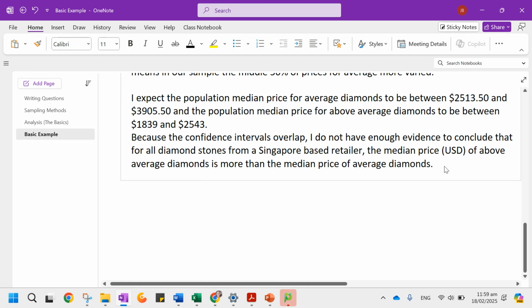And then you're going to read it out loud and make sure it makes sense, just in case you fouled up. Okay, so because confidence intervals overlap, I do not have enough evidence to conclude that for all diamond stones from a Singapore-based retailer, the median price of above average diamonds is more than the median price of average diamonds.